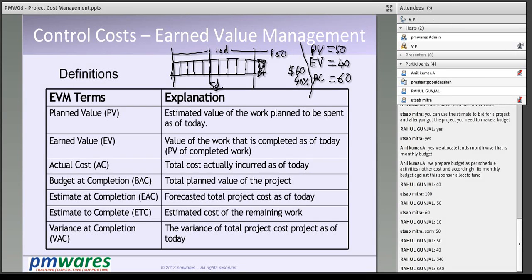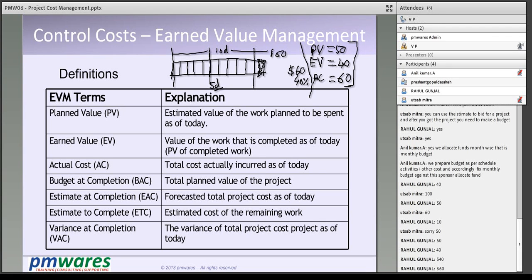I have spent $60, therefore my AC is $60. Right? If in any project you can measure these three things properly, the rest of the calculation is just multiplication, division, plus, minus of these three terms. Okay, you got it properly?